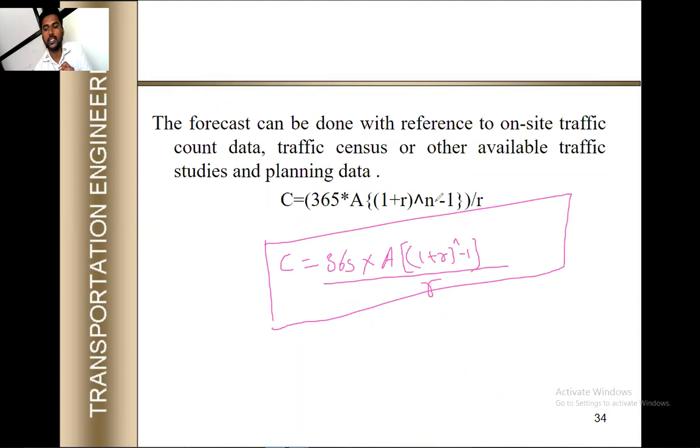So by this formula, we can calculate the cumulative vehicle forecast. Cumulative vehicles: C equals 365 into A into (1 plus r) raised to n minus 1, divided by r.